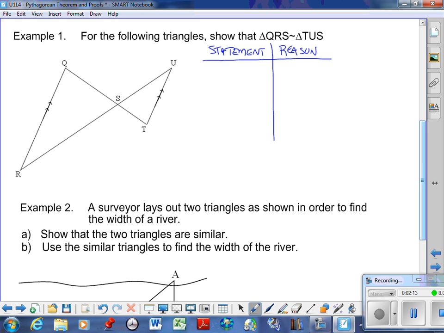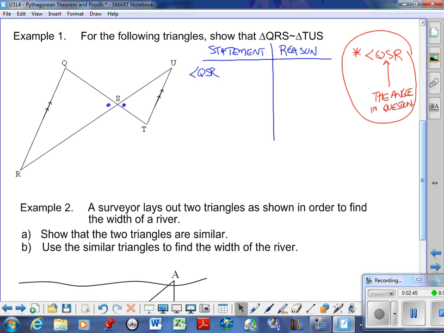The first thing we know is that these two angles are going to be equal. So angle QSR, and off to the side I'll just put a note here: angle QSR is the angle in question. We use the three corners of the triangle and put the angle that we're interested in in the middle.